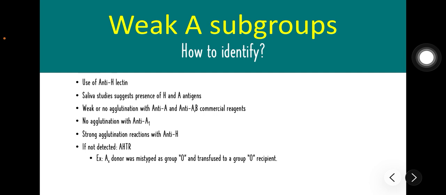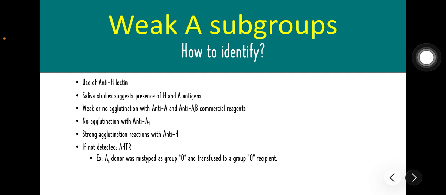Agglutination can be enhanced by incubating the RBCs and antisera at room temperature for 30 minutes or at 4 degrees Celsius for 15 to 30 minutes in order to increase antibody association. Aside from that, you can also use lectins, which are plant extracts used to differentiate your weak A subgroups.